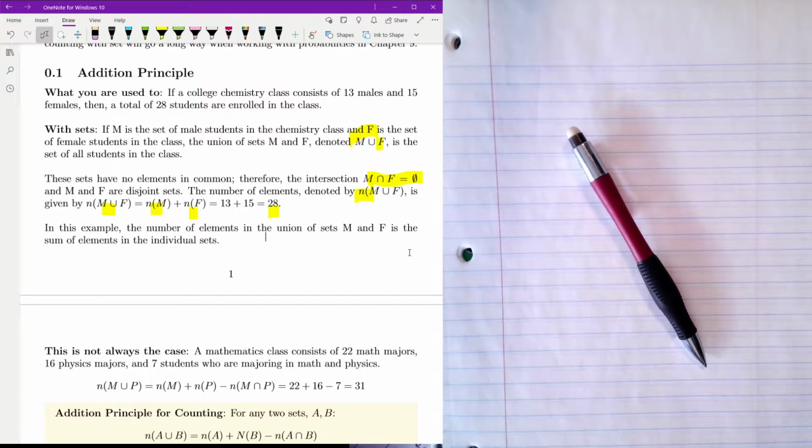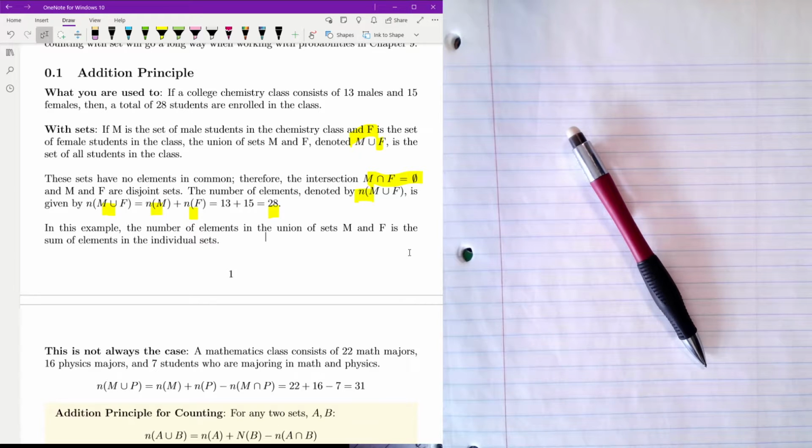Then we would say the number of math majors union physics majors is equal to the number of math majors plus the number of physics majors minus the number who are both, which in this case is 22 plus 16 minus 7, which equals 31.